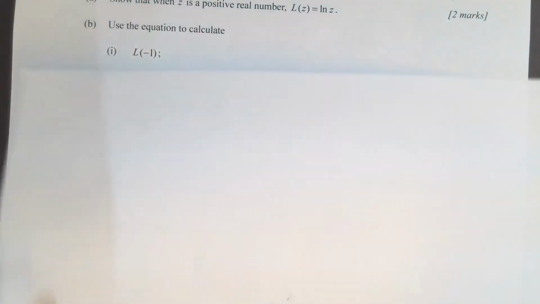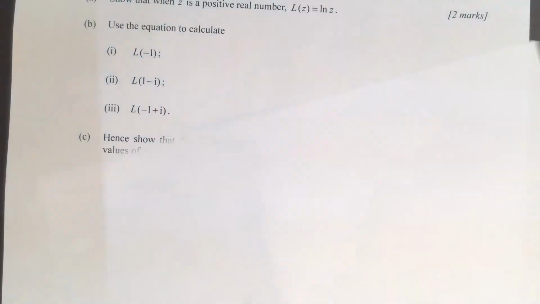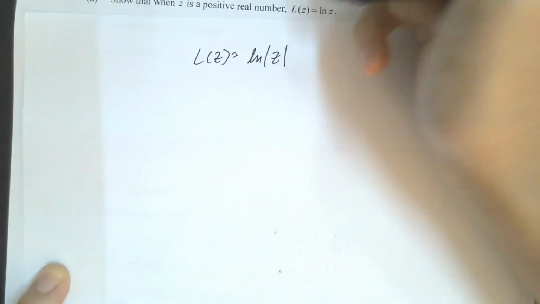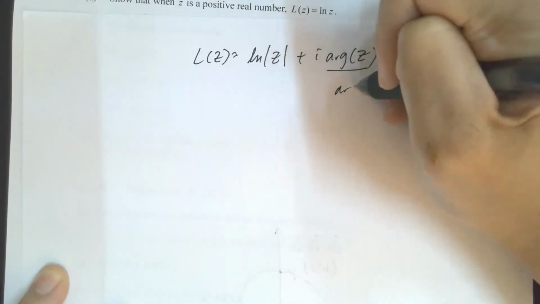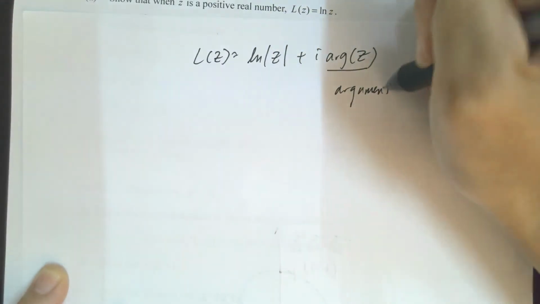So let me turn this page a little bit. I hope it doesn't leak. It's not leaking, is it? Alright, so our fabulous equation looks like this: ln of the modulus of z plus i times the argument of z. So this is our argument, and this is our modulus.